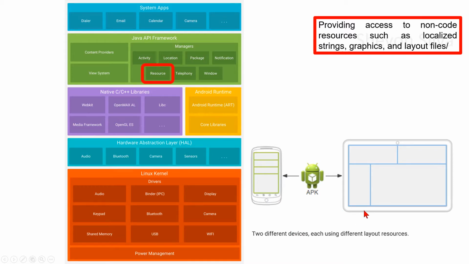Almost every app should provide alternative resources to support specific device configurations. For instance, you should include alternative drawable resources for different screen densities and alternative string resources for different languages. At runtime, Android detects the current device configuration and loads the appropriate resources in your app.